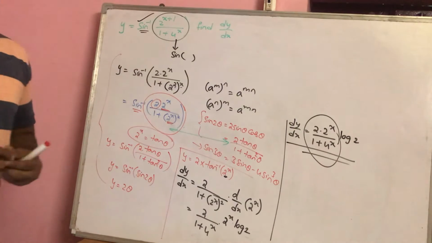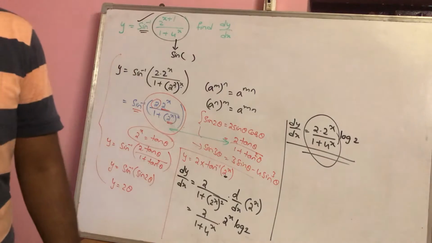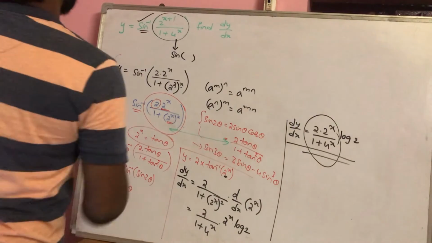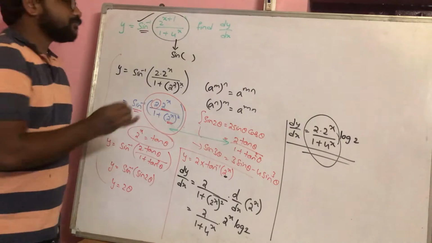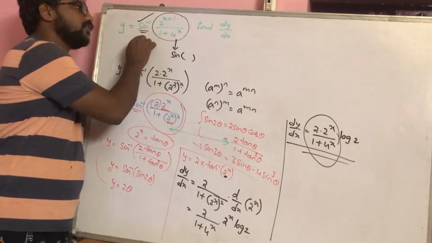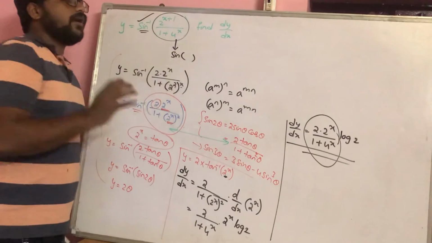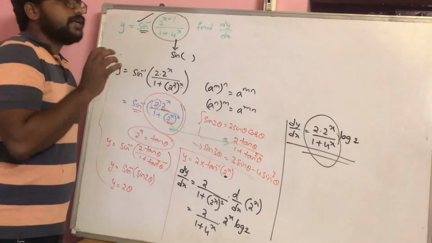The point you have to understand here is, whenever you are dealing with an inverse trigonometric function, keep in mind that you have to think of how to cancel out this inverse trigonometric function. Simple thing: whatever inverse trigonometric function you have here, the corresponding function or its complementary function will come as the substitution.